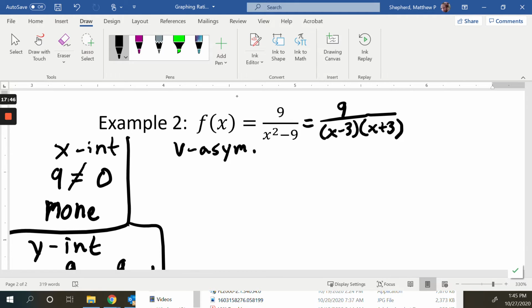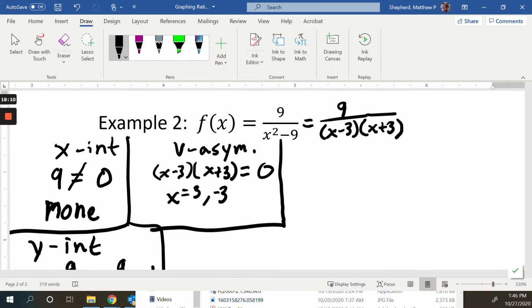So now, to find my vertical asymptote, I want to know when that denominator equals a 0. Well, it's got 2 places it could equal a 0. If we put in a 3, 3 minus 3 would equal 0. And if we put in a negative 3, negative 3 plus 3 would equal 0. So we have 2 vertical asymptotes at x equals 3 and at x equals negative 3.